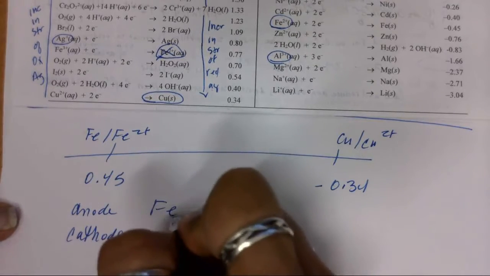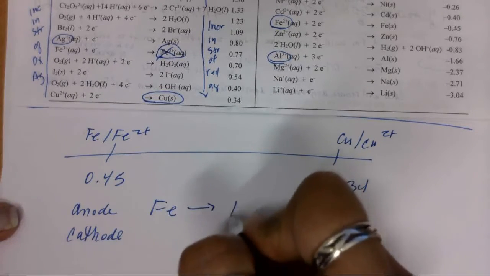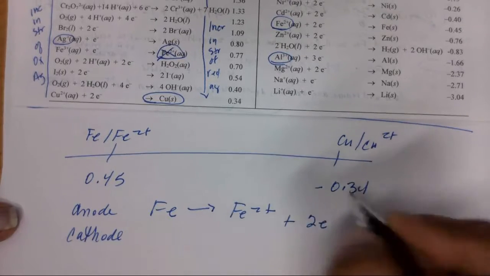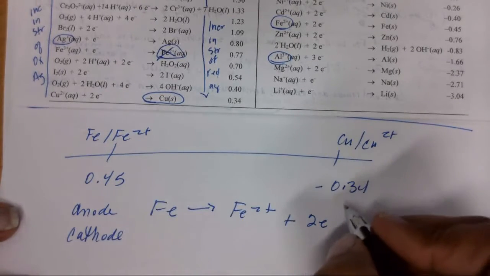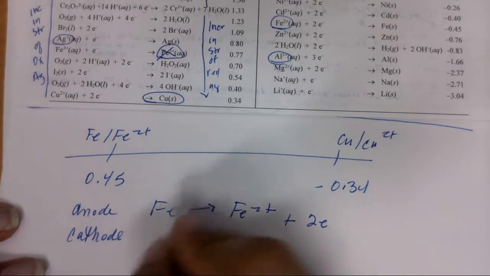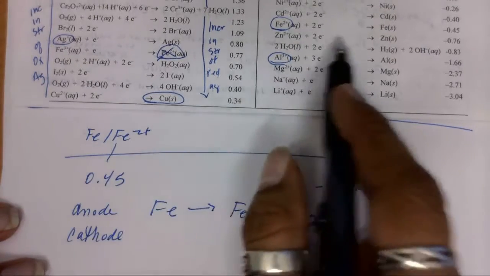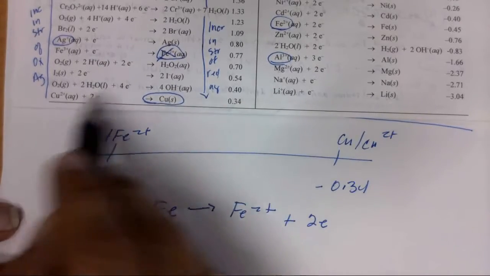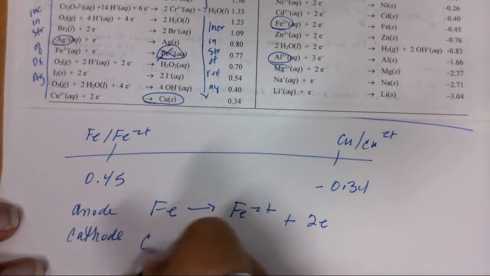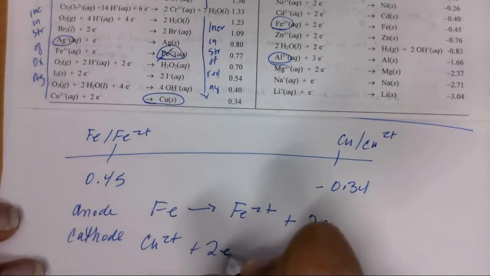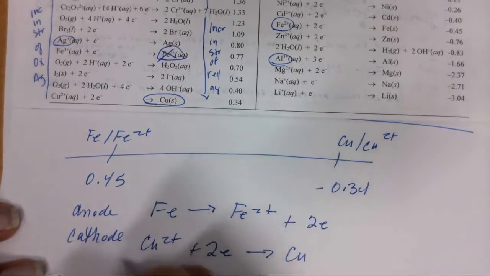I've got iron to Fe2+ plus 2 electrons, because this is where the oxidation is going to occur. And then on my cathode, we just wrote it back the other way because we had oxidation. So I've got Cu2+ plus 2 electrons to go to copper solid.